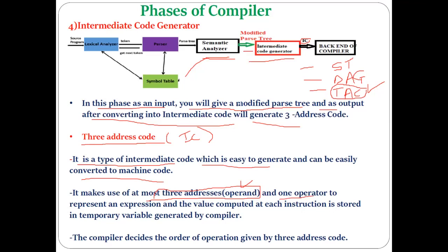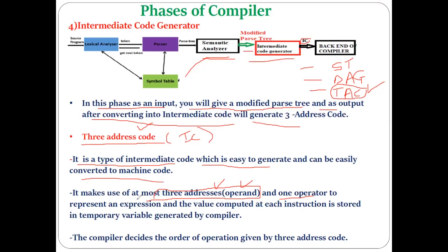To represent a particular expression which is a part of the source program, the intermediate code generator generates the intermediate code as a three address code, and that contains at most three addresses, meaning at most three operands and one operator. That is the reason this particular IC is called a three address code.